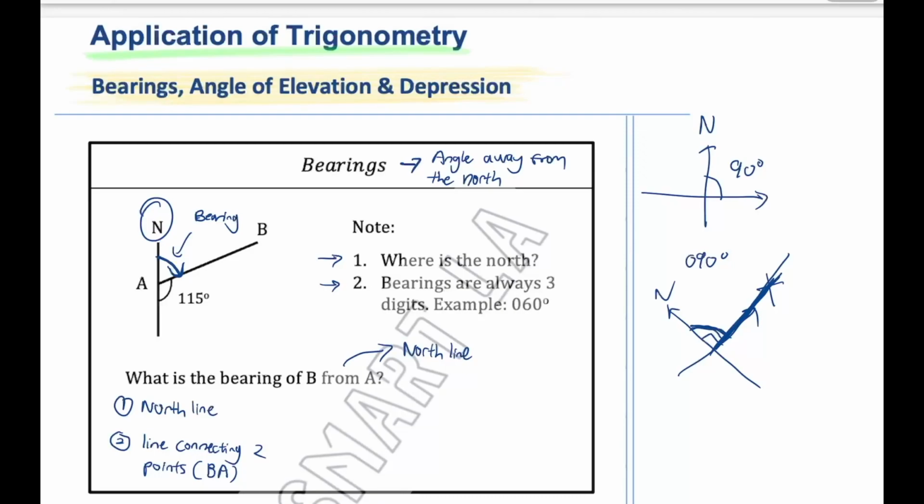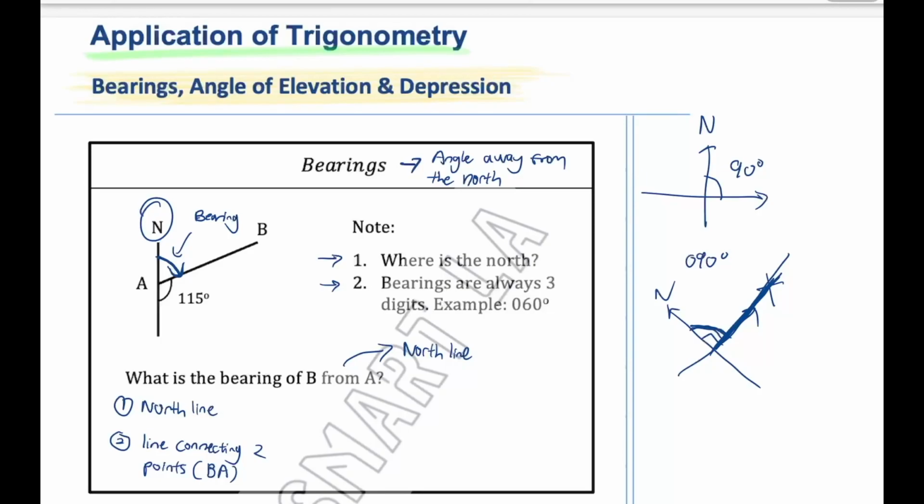All right, so that is the bearing of B from A. After you are done with these 2 steps, the north line and the line connecting the 2 points, and you know exactly what bearing or angle you're looking for, you can go ahead and make use of your Pythagoras, if there's a right angle triangle, or your sine rule, cosine rule, and basically anything under the sun that you have learned about angles, you can use it, all right?